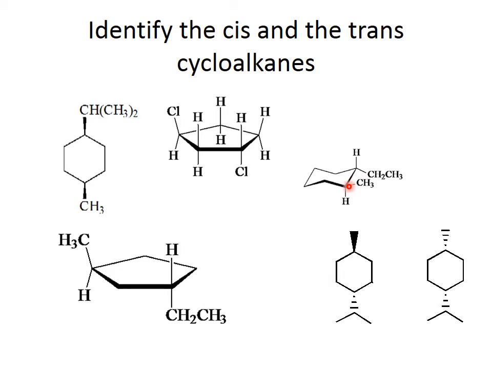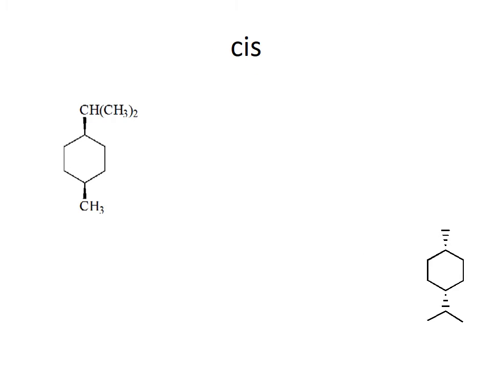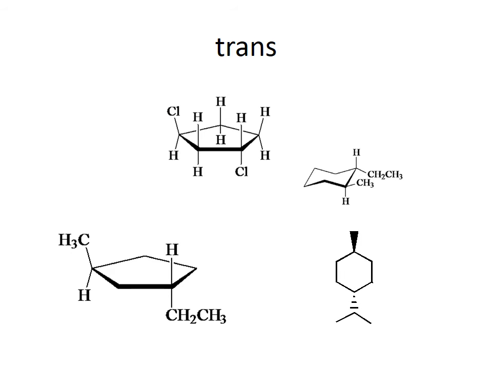If I look, you can see this hydrogen's up, so the ethyl is down. If I look at this one, this methyl's up, so the hydrogen's down, so this is trans. This ring has a methyl up and an ethyl down, so it's trans. This ring has one substituent up and one down, so this is trans. These are the cis here, and these are the trans.